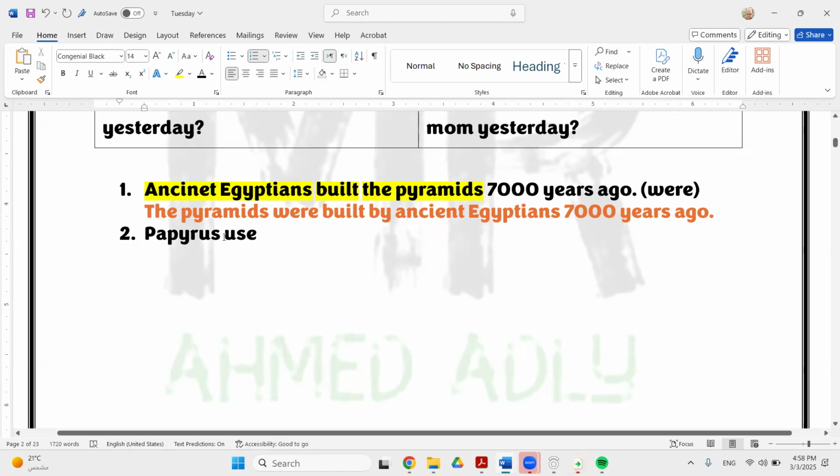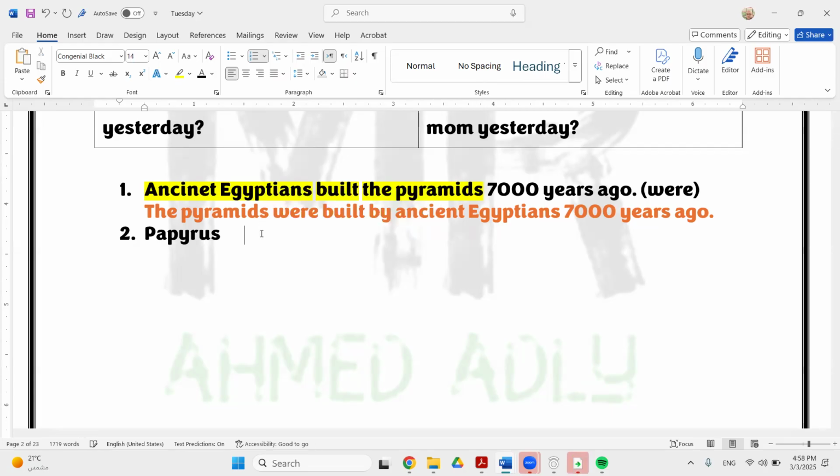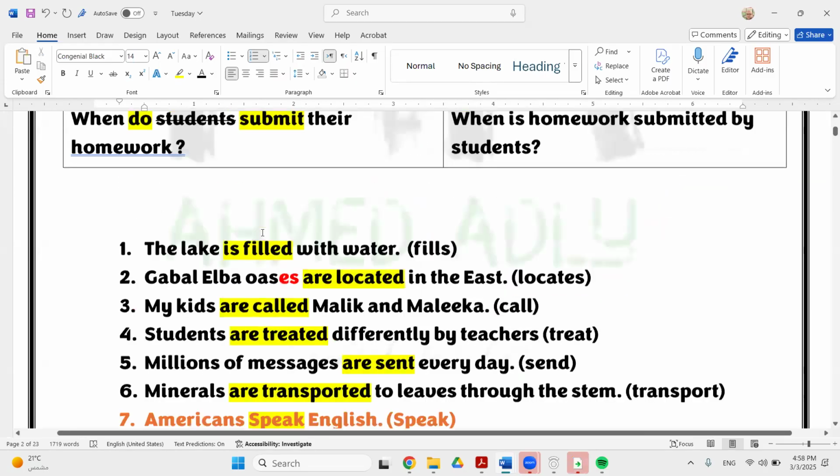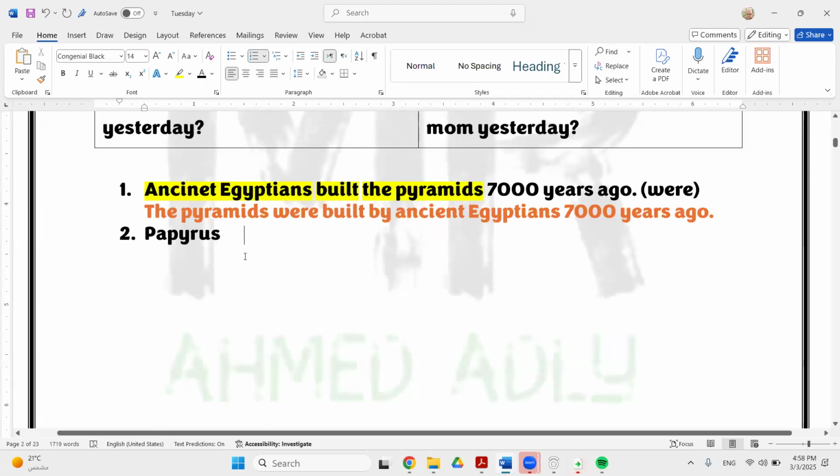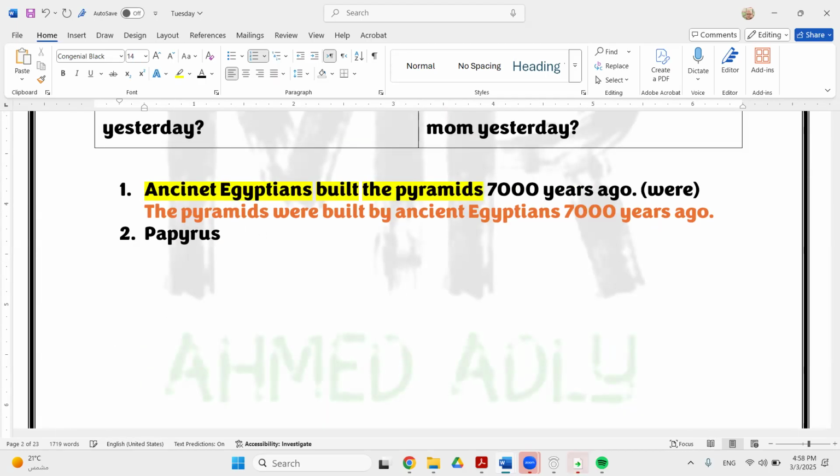Papyrus, space for writing, by ancient Egyptians. Who will go for this one?